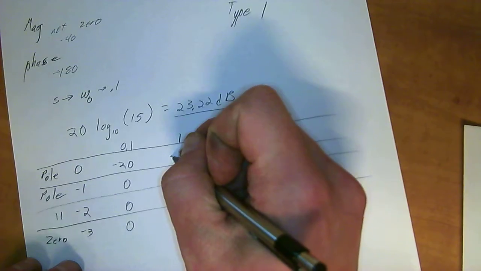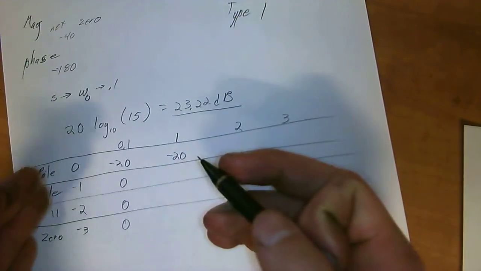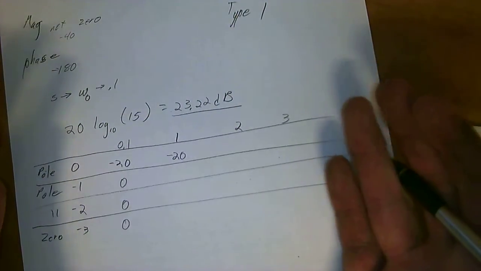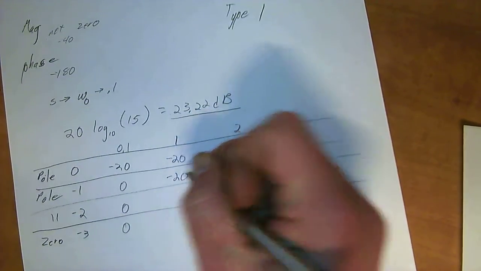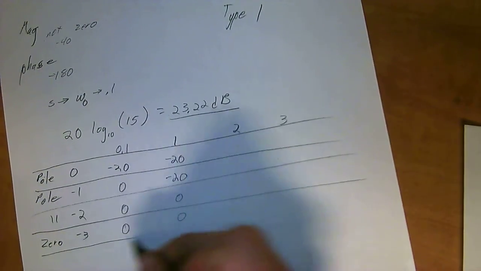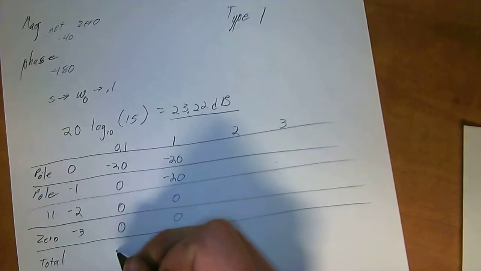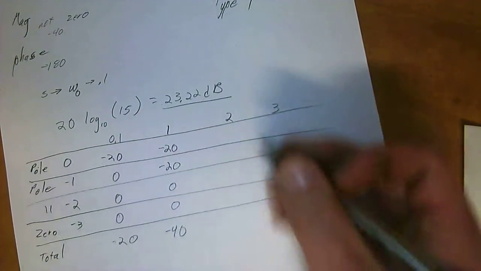This first pole is still having an effect, because poles and zeros in the magnitude plot contribute that slant forever. But now this pole is having an effect too, so we have 0, and then I'm actually going to add another row, total. This is going to be negative 20 total, and then negative 40.